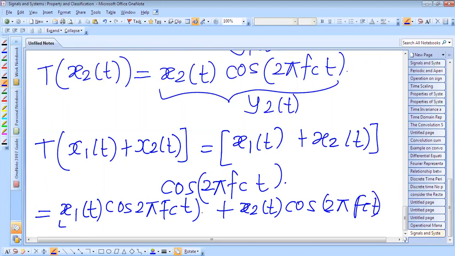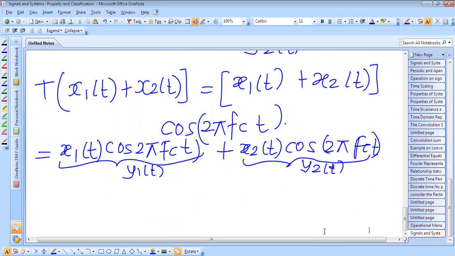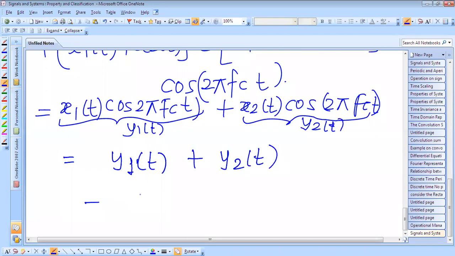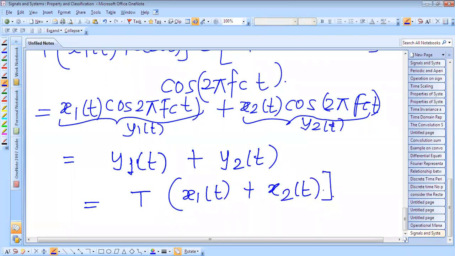Okay, so this is y1 of t and this is y2 of t. So we can directly write y1 of t plus y2 of t, and this is equal to T of x1 of t plus x2 of t. Therefore, this satisfies the additivity property.